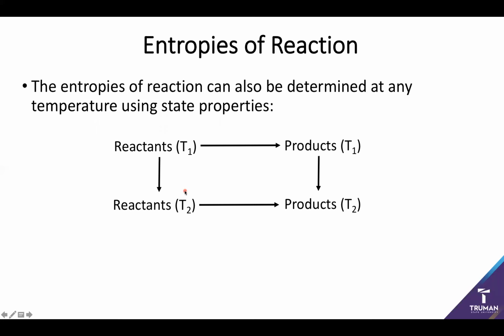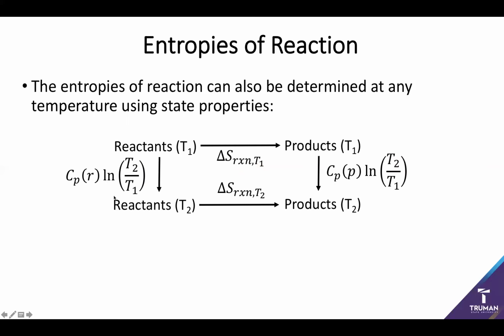So for example, let's say I want to examine the entropy of reaction going from reactants to products at some temperature 2. So I'm looking for the entropy of reaction at temperature 2. What I have is some reference entropy of reaction at temperature 1, because I can go ahead and look this up in a table.